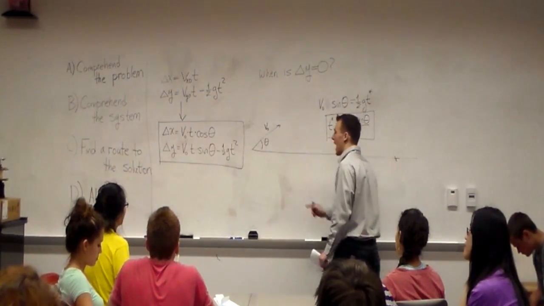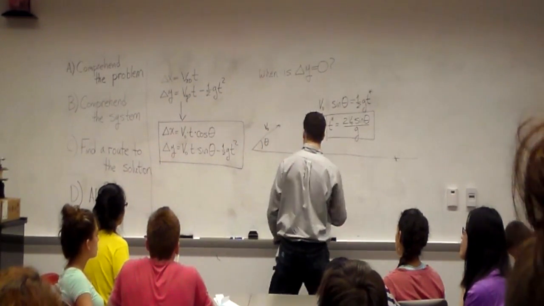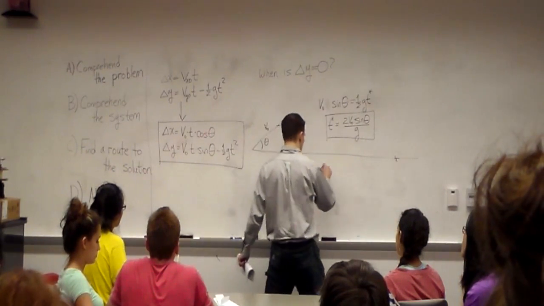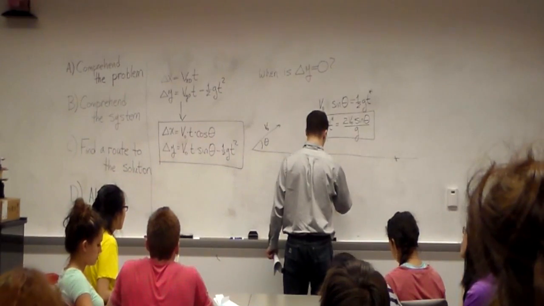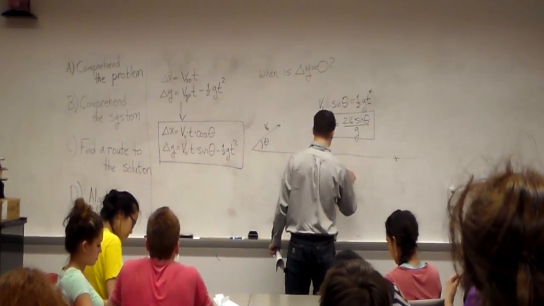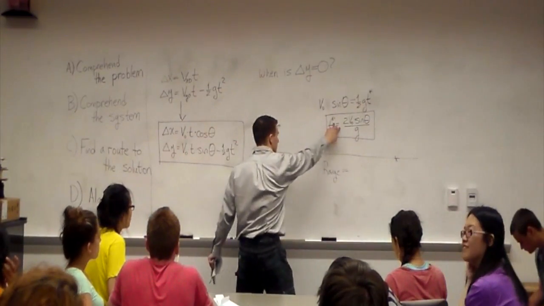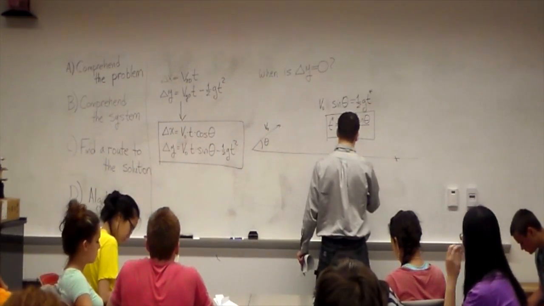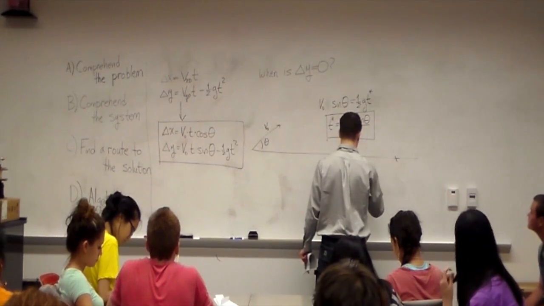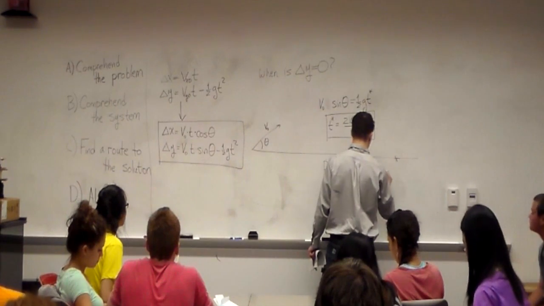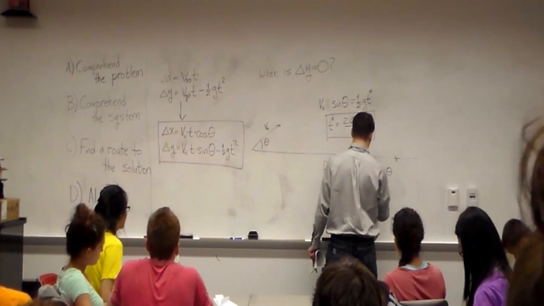So in that time, how far has it gone? Easy. If I call that distance r for range, I'll just write the word range, is equal to v naught times t times cosine theta. But t is this. Okay? And if I multiply that out, what I get is 2 v naught squared sine theta cosine theta divided by g.